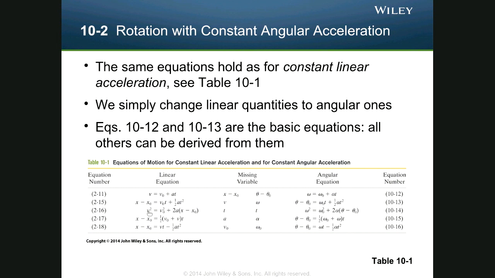I want to emphasize that because some books, and it's very irritating, will call these standard or universal or make them seem very general when in fact they are very specific. They assume an overarching assumption, which is that the acceleration is constant, and then it's a consequence of that.